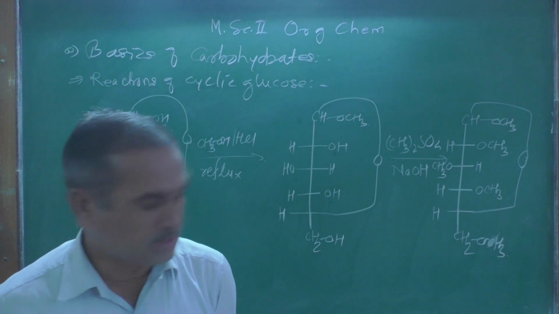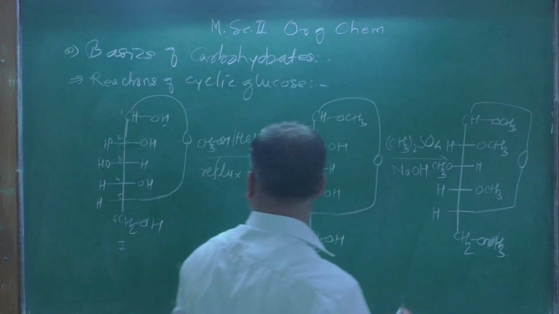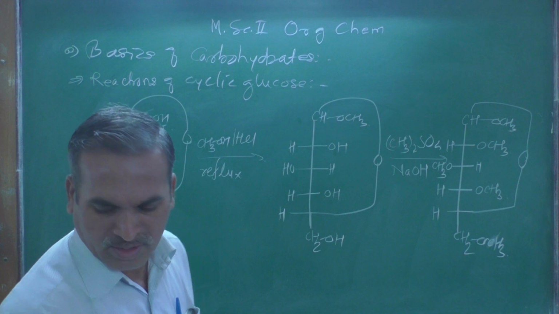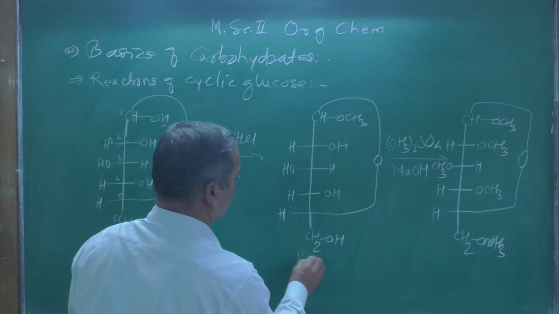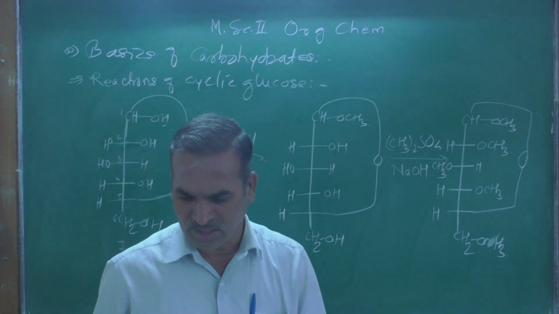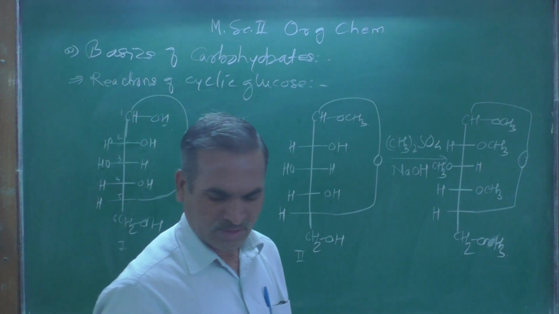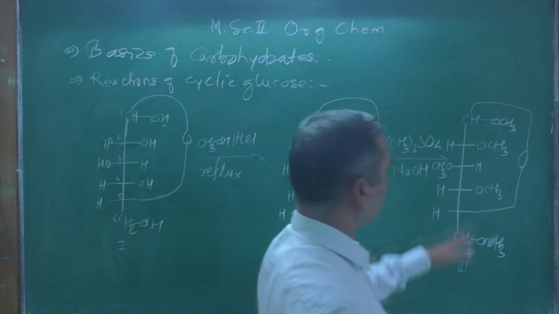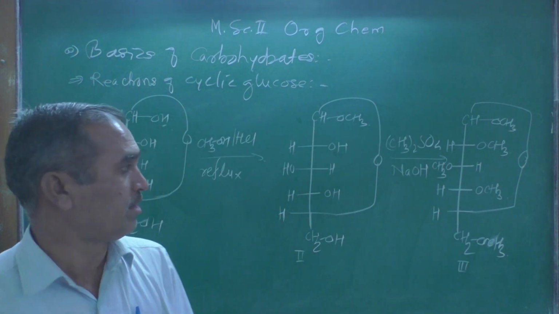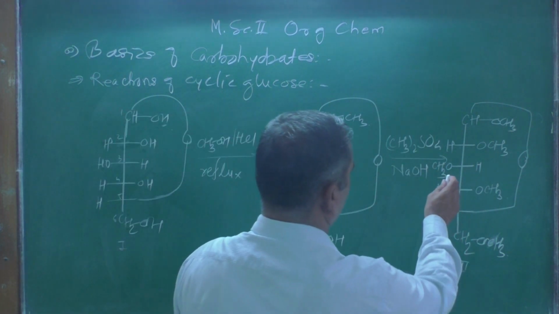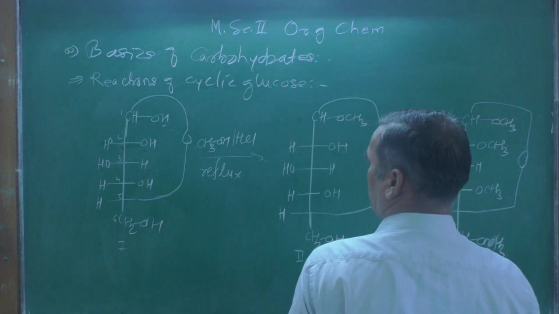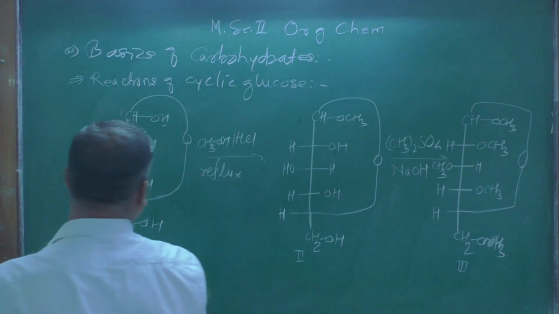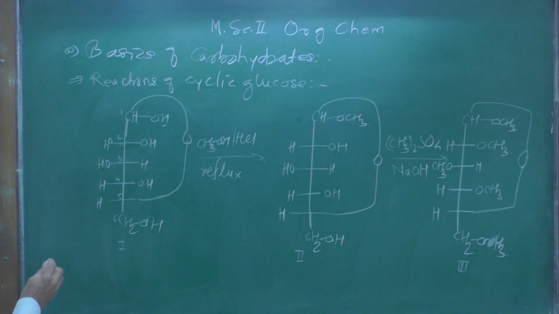And this is structure number 1, this will be structure number 2, and this will be structure number 3 over here. Now when this structure is treated with HCl, what are you going to get?